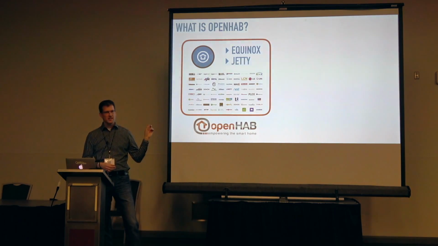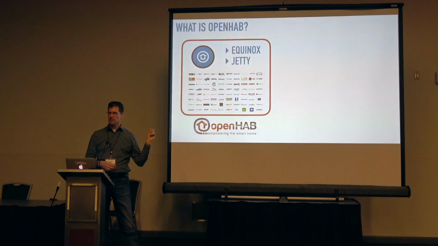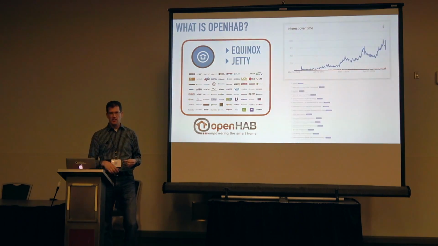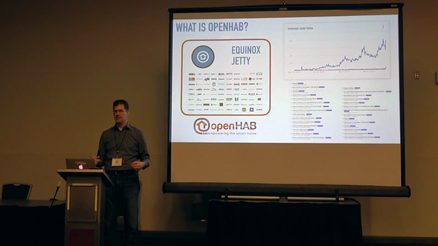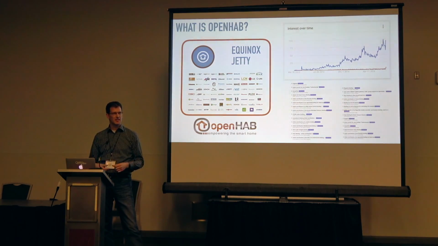Now, with these many logos on here, if I'm telling you that this is only less than half of the bindings that exist for openHAB, you might already start seeing one of the problems of that project, which is that the attractiveness and the increase of developers and people contributing to the project is increasing year after year, and it's really not possible anymore for me to maintain that in a way that I respond quickly enough to new pull requests, do a proper code review on all the stuff, and integrate that into the core project itself.